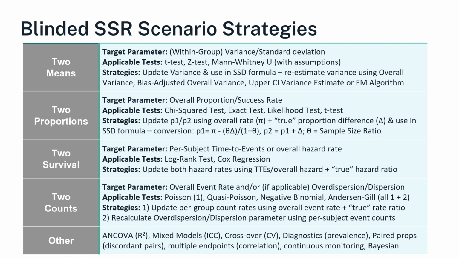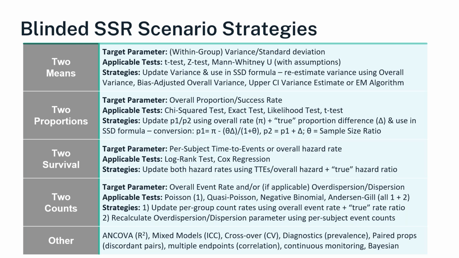So depending on your design, depending on your endpoint, you're going to have different strategies for your blinded SSR. And I have a very brief summary here for four different two independent group analyses. The two means case is very similar to the stuff we've already discussed. We're interested in getting a better estimate for the variance, the within group standard deviation, of course.